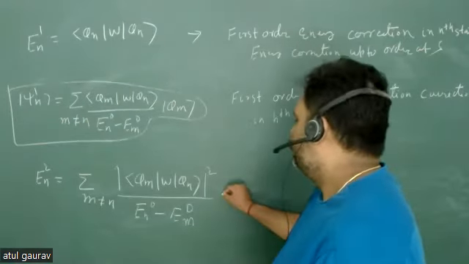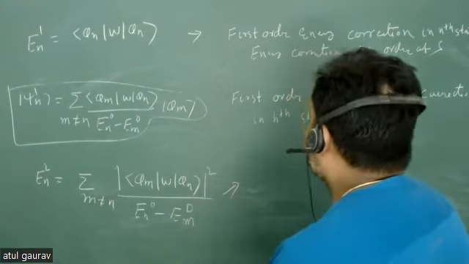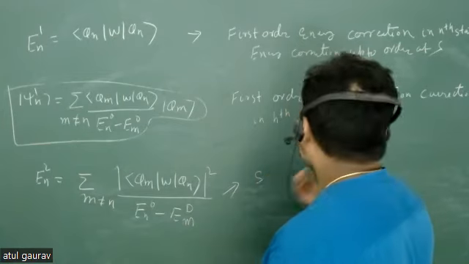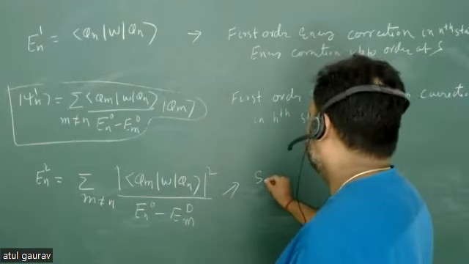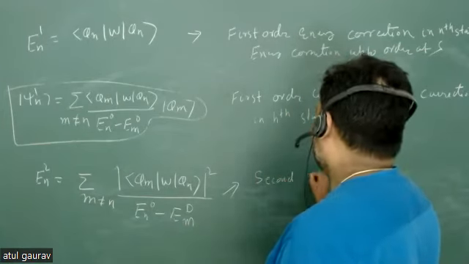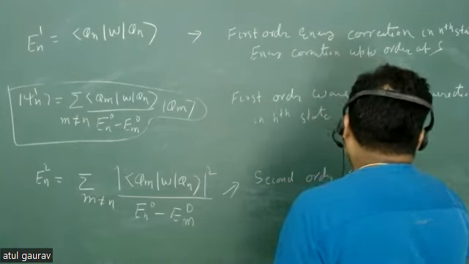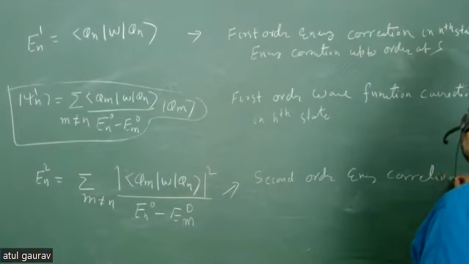So similarly, what will be this particular thing? Puneet, क्या होगा ये? Sir, second order energy correction. Very good. In which state? Nth state. Second order energy correction in nth state.